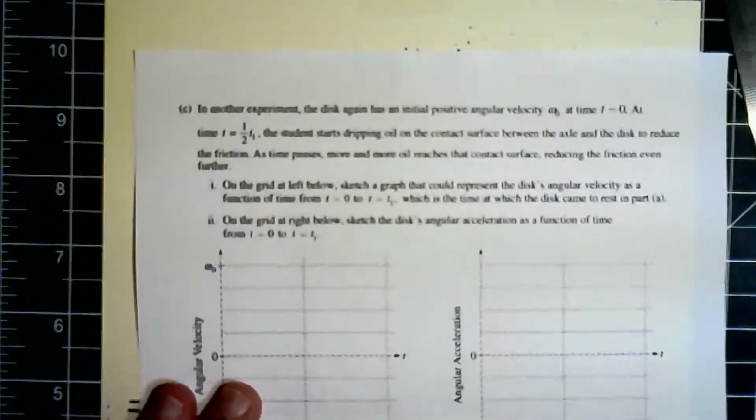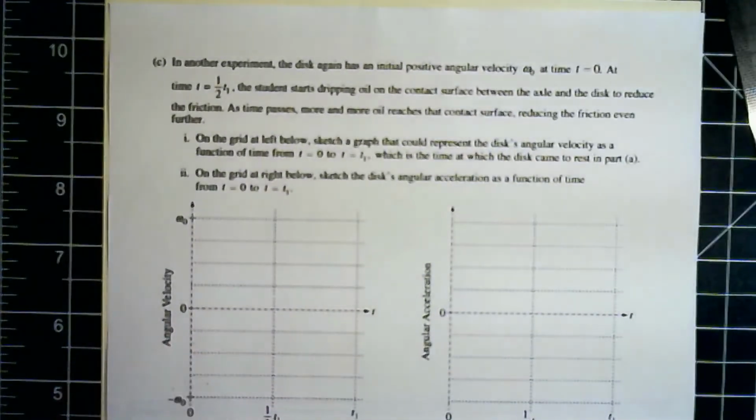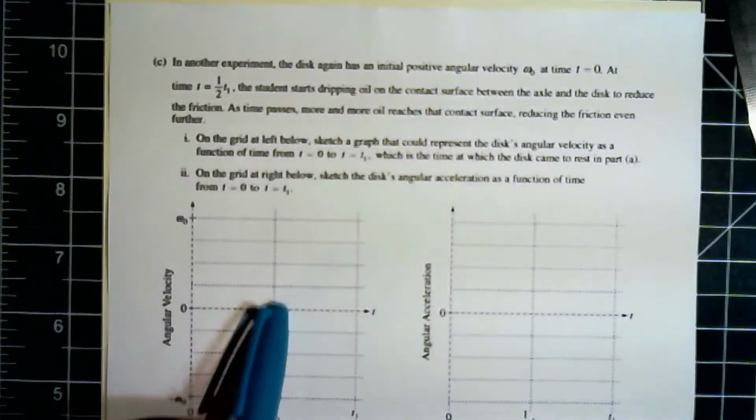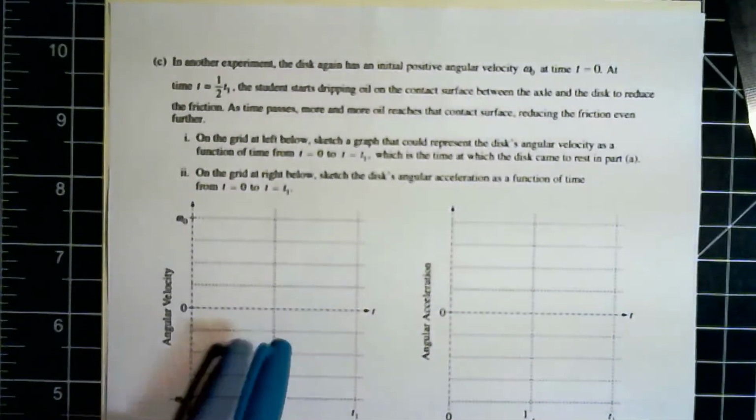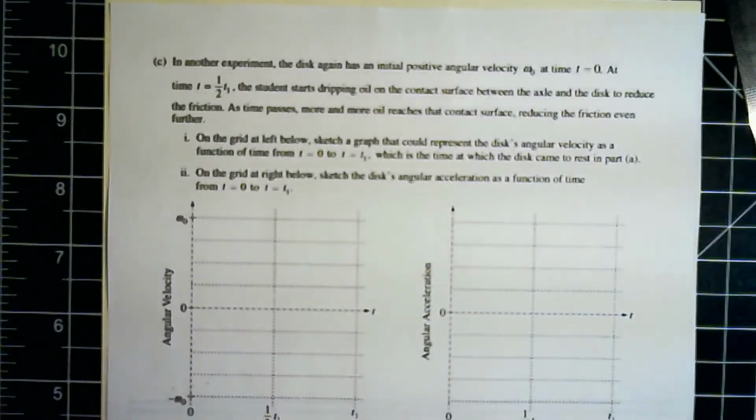All right, question C says in another experiment, the disk again has an initial positive angular velocity, omega naught at time t equals 0. At time half of t1, so right here in the middle, the student starts dripping oil on the contact surface between the axle and the disc to reduce the friction. It doesn't say it takes the friction away completely, it just says reduce.